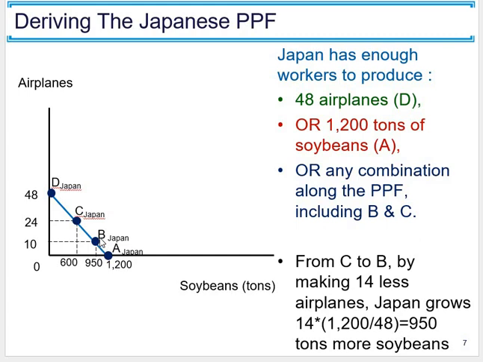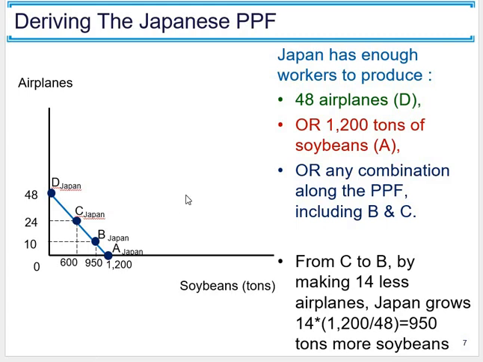This point B here can also be calculated with a concept similar to opportunity cost, which you don't need to worry too much about. I just put this point here so that we can later compare it with a scenario that allows for specialization and trade.